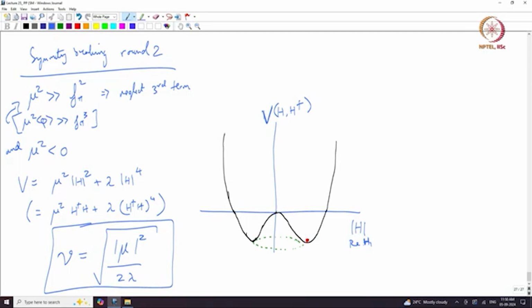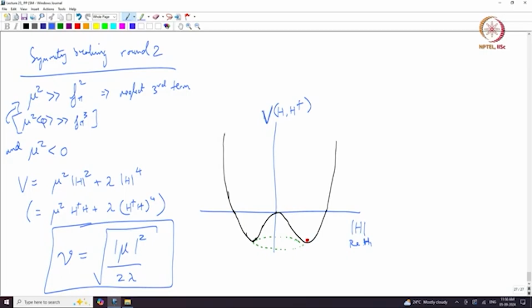But for now just imagine you have only 2 degrees of freedom, let us say you just have h1 and h2. In that case there is basically a circle down here on which all points are at the same value of the potential, correct.